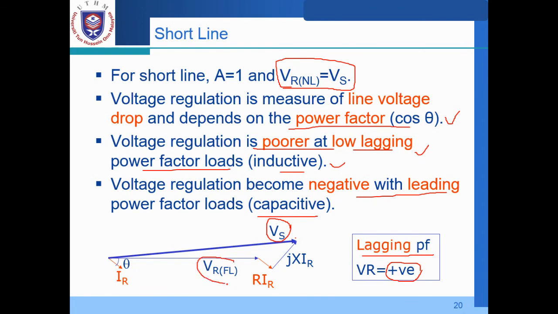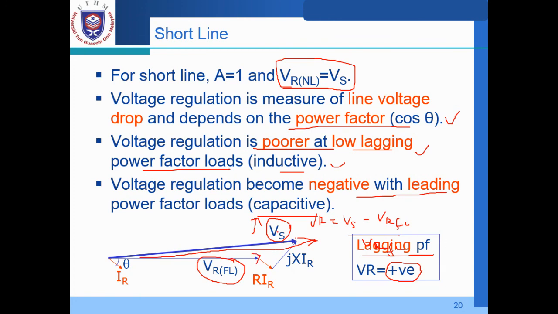So this is VR full load. We have voltage regulation, which is equal to VS minus VR full load, over VR full load. VS in this case is higher, as you can see in the phasor diagram; VS is much longer compared to VR.